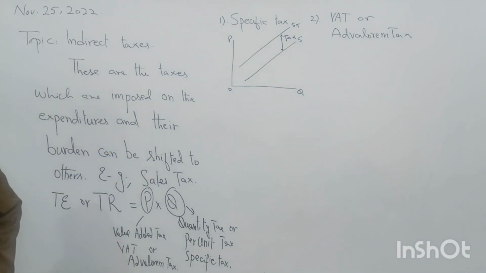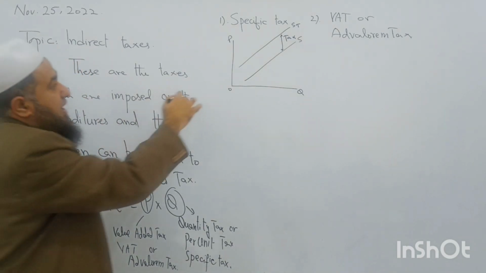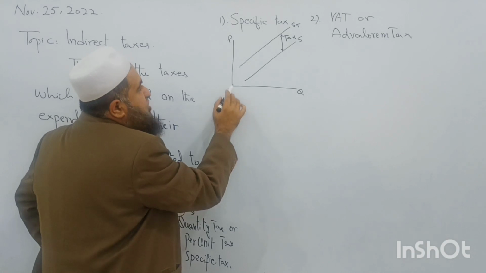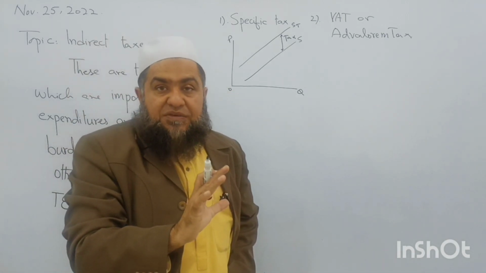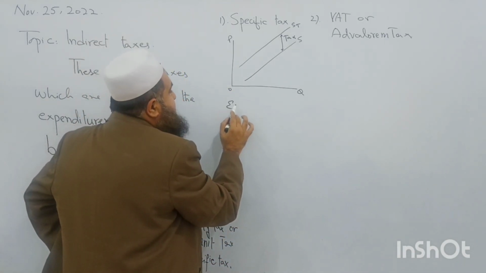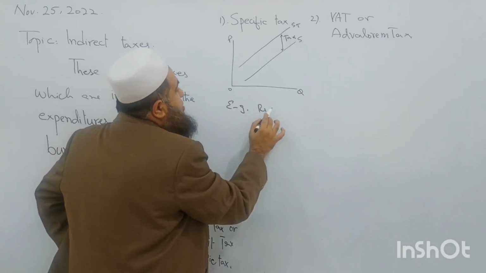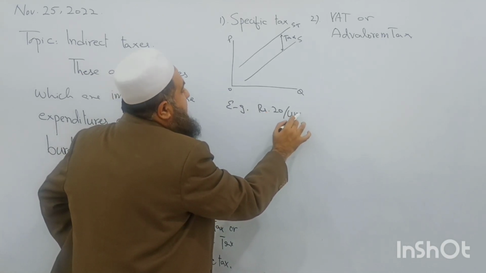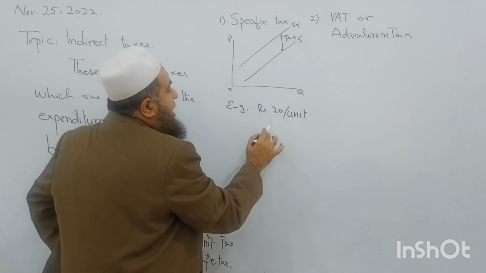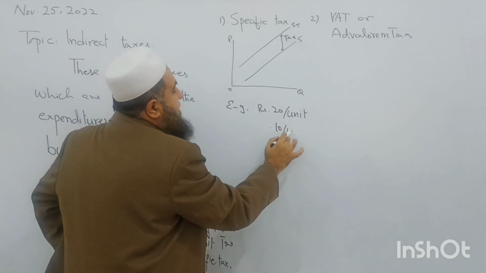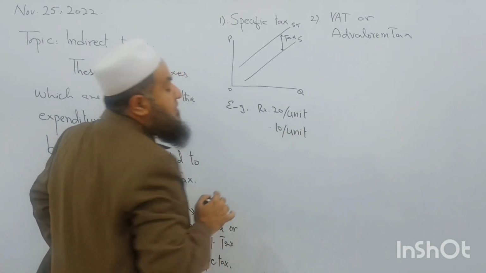Now it is parallel. Parallel means each unit is having the same amount of tax. For example, rupees 20 per unit tax. Okay, or you can say rupees 10 per unit tax.